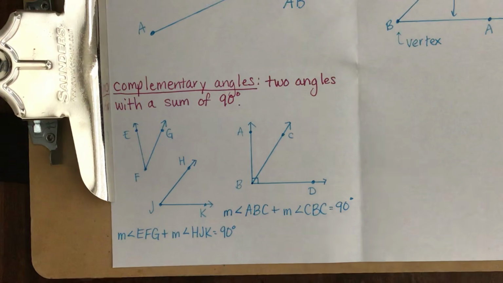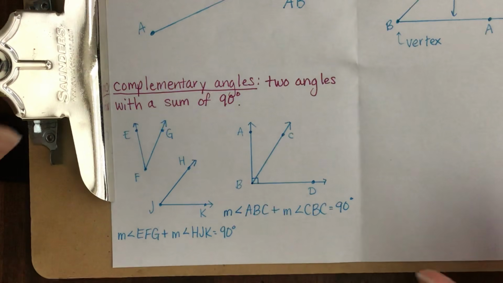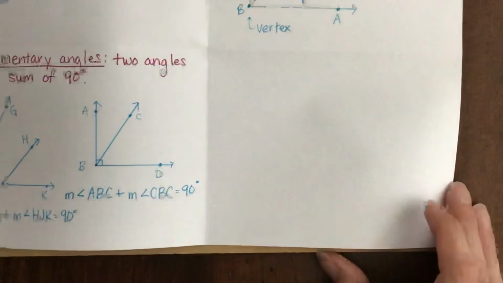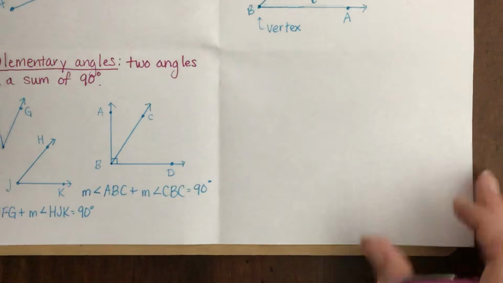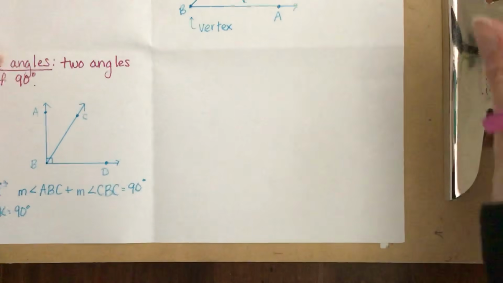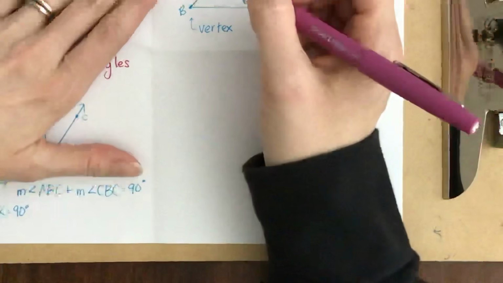The next kind of angle that we're going to look at is supplementary. It's very similar to complementary angles, except the difference is that they add up to 180 degrees instead of 90 degrees. So let me turn this around so you can see it better. All right, let's go ahead and start with the definition.